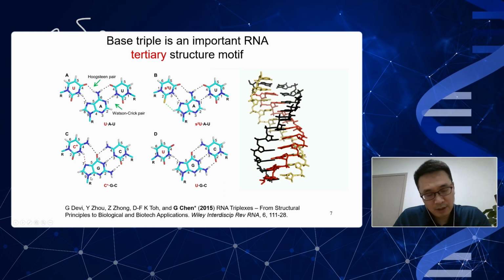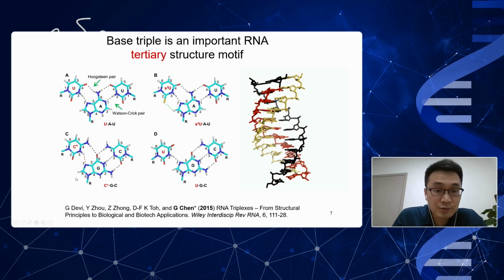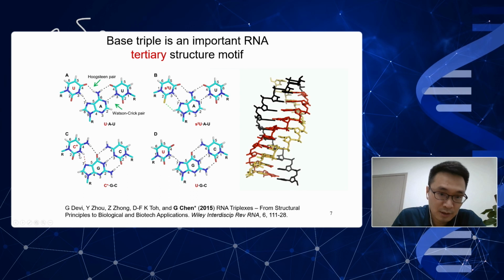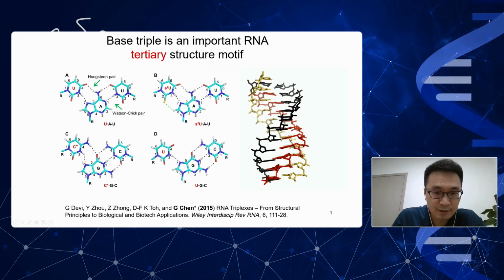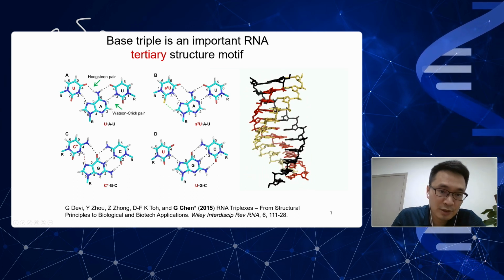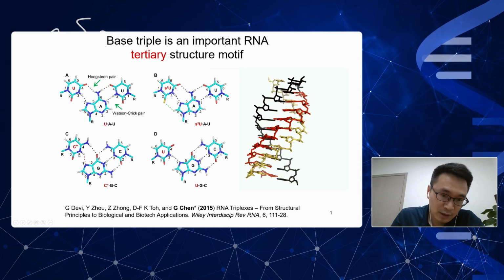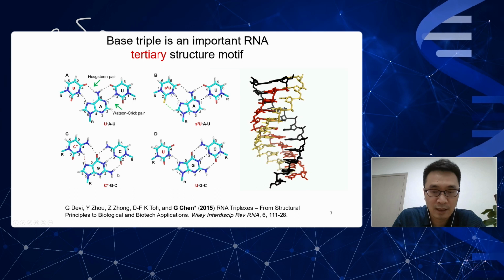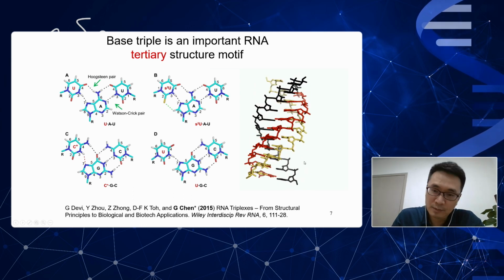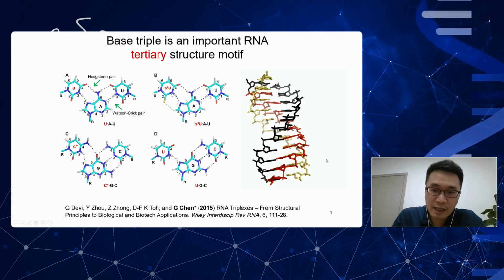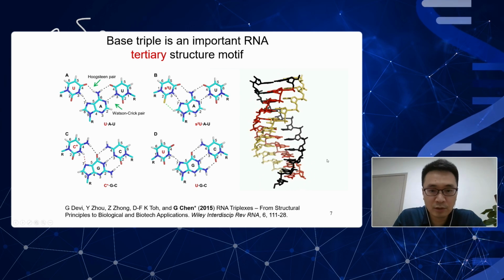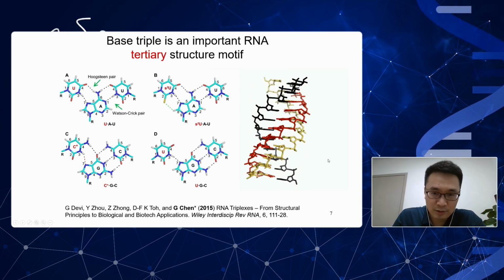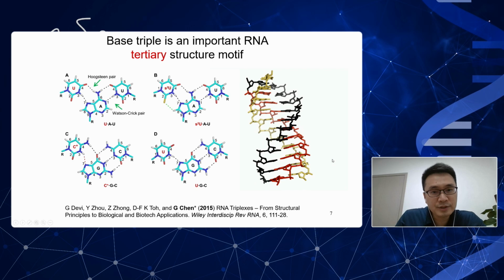That means you have to lower the pH to protonate the N3 nitrogen of this C to allow the formation of 2 hydrogen bonds between protonated C plus and the G in the middle strand of the RNA. So that's one of the problems with targeting RNA by triple helical structure formation. Later on, I will also tell you about some other problems.